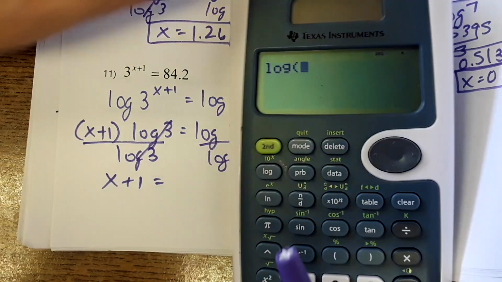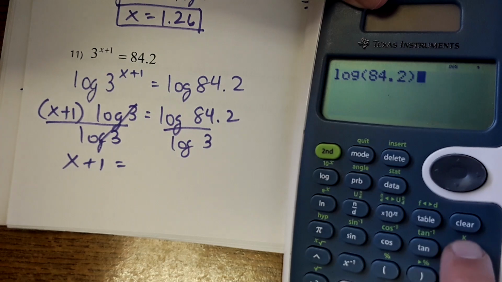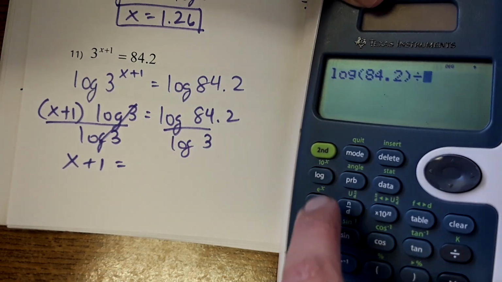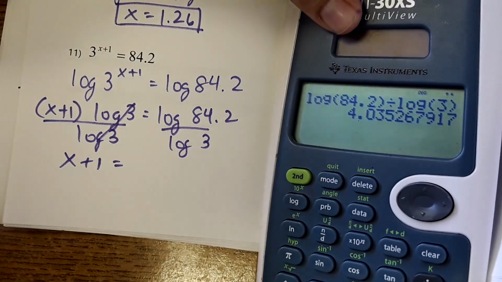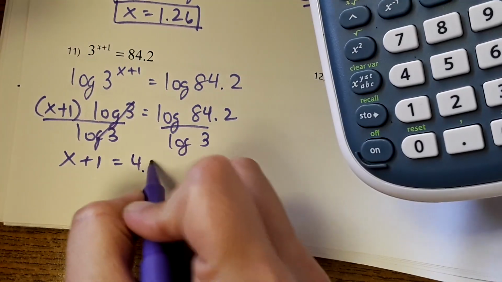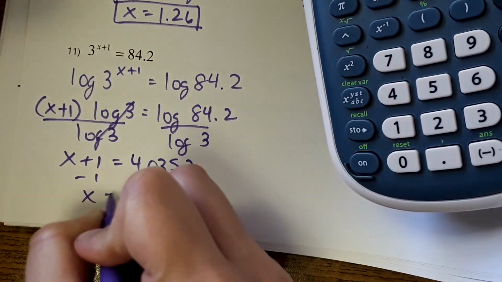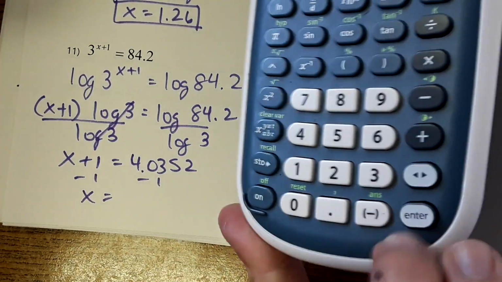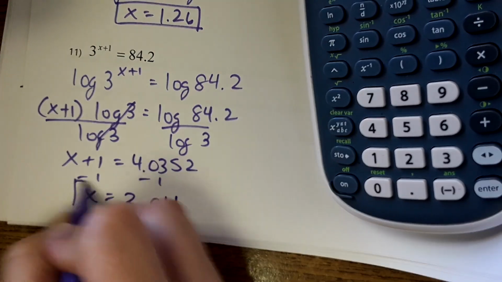Log of 84.2 divided by log of 3 gives me this value. Subtract 1 from both sides, and x equals 3.04.